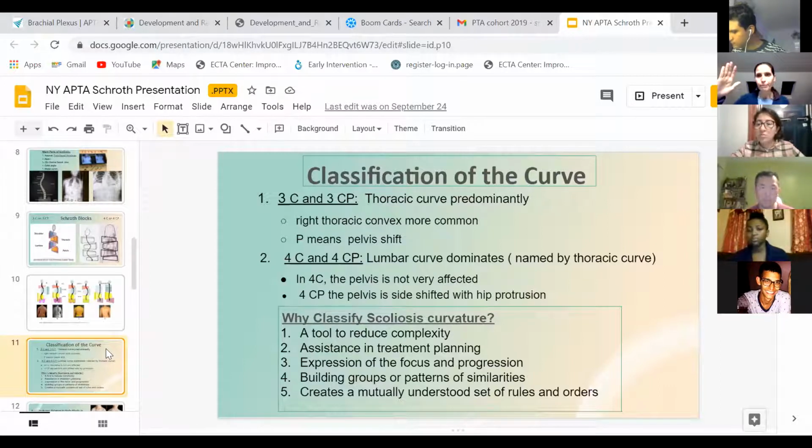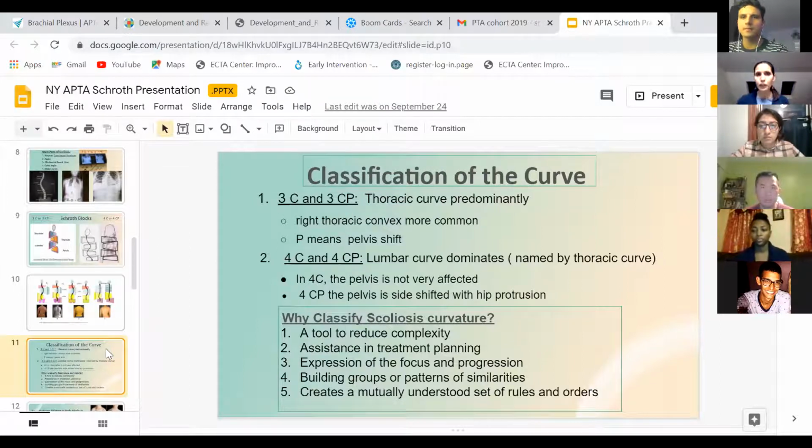Okay. So these are the classifications, again, very systematic. We all use the same terminology, because it's easy to understand. We use it for treatment planning. And if somebody who's Schroth trained picks up my written case, they will understand this terminology.